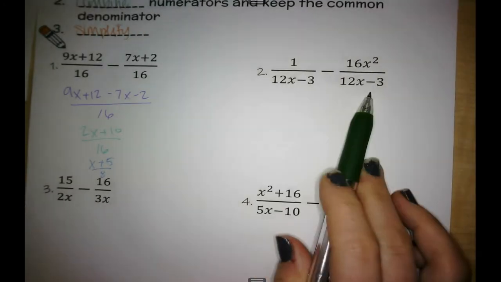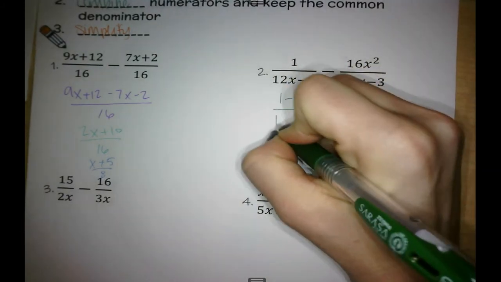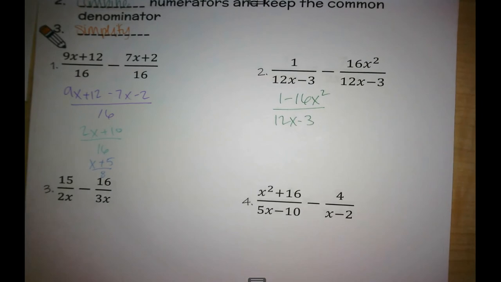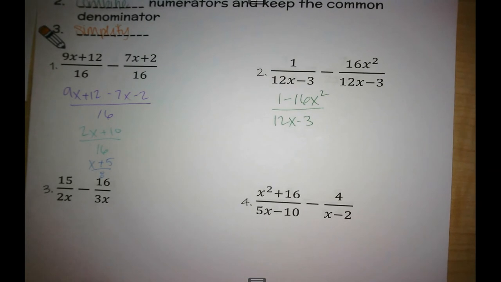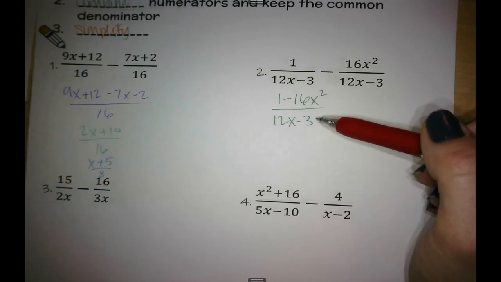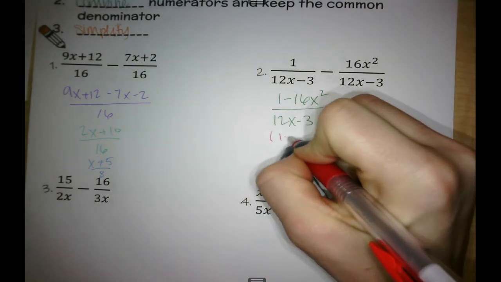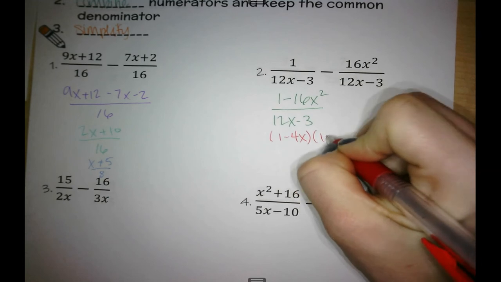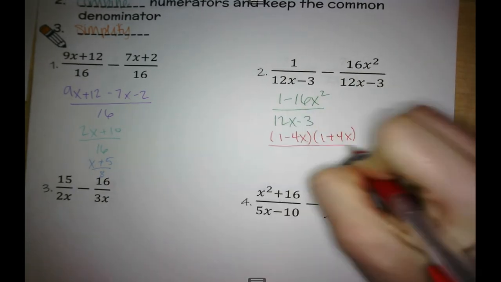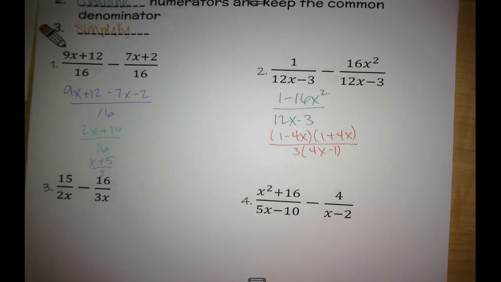All right, same denominator, so I'm going to take that top and subtract it. So we got 1 minus 16x squared over 12x minus 3. I can factor both of these. 1 minus 4x, 1 plus 4x over 3, 4x minus 1.